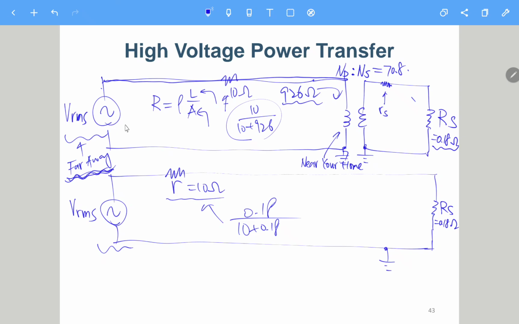That's why we need to generate the power with a high voltage and deliver it to the different areas, and then near your home, you use a transformer to down convert the voltage, and then you can use it. Up to there, the impedance can be low, but the distance is short, so we can really minimize the resistance between the transformer near your home and where the power enters your home. So that's why we need this transformer for high voltage power transfer.